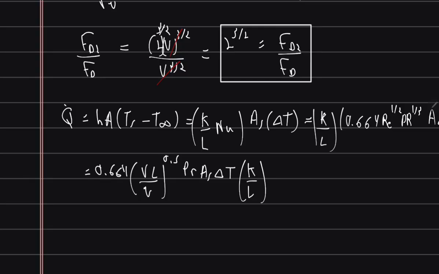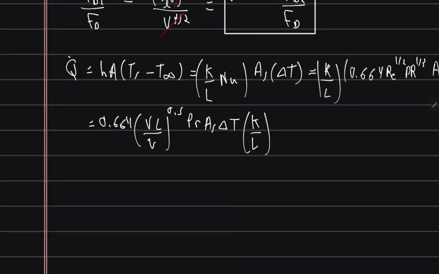We could do a similar trick with these L's because we have a 0.5 and a 1, so 0.5 minus 1, or 1 over the square root of L, if we really wanted to. However, I'm not too concerned with cleaning it up.